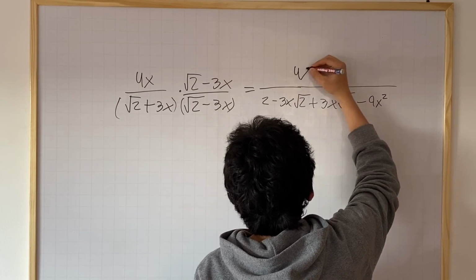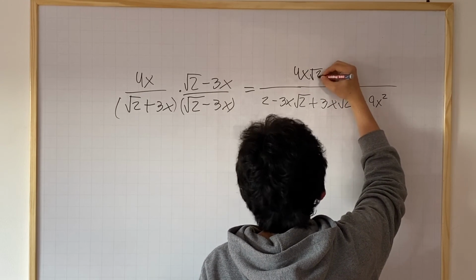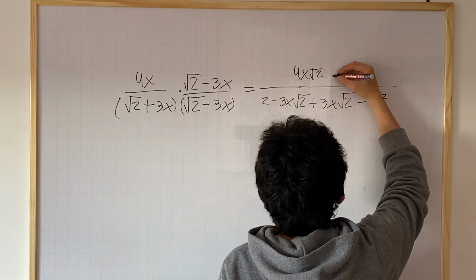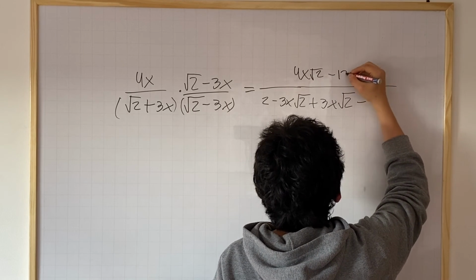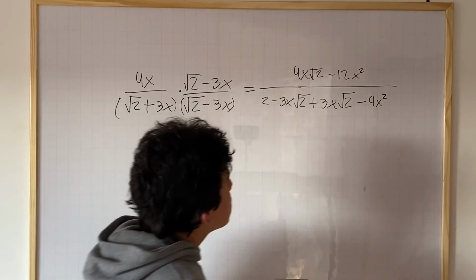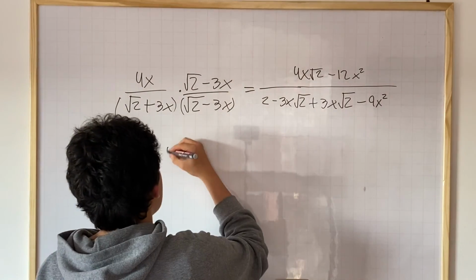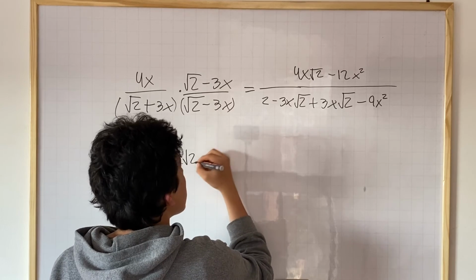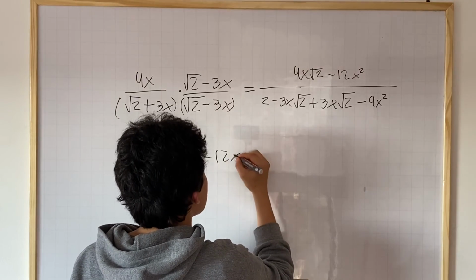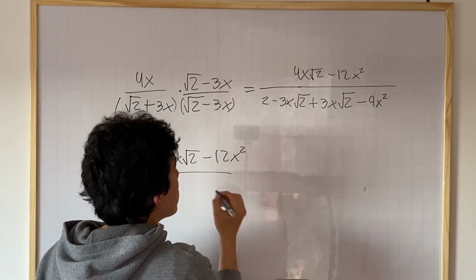We would get 4x square root of 2 minus 12x squared. This is the same as if we had the same on the top, 4x square root of 2 minus 12x squared over.